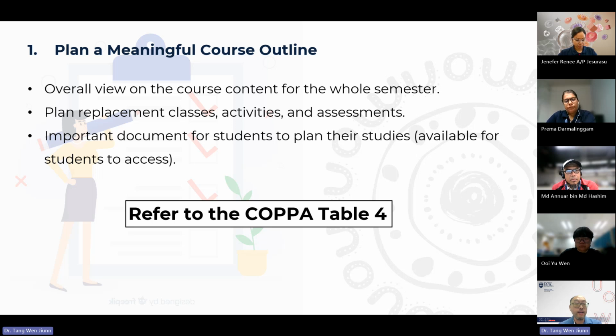It's a very important document for us and for the students because this is where we can see the overview of the coverage, and we can also plan the replacement classes if our class falls on any public holidays or if there are any extra activities. We can plan when to have the continuous assessment as well.